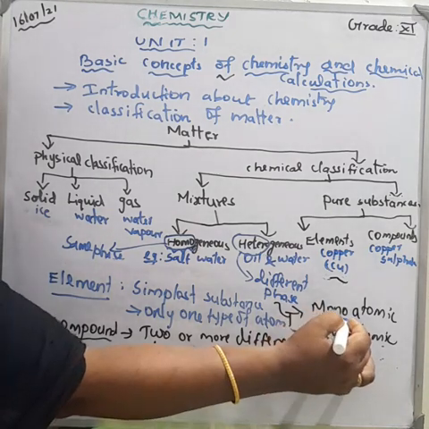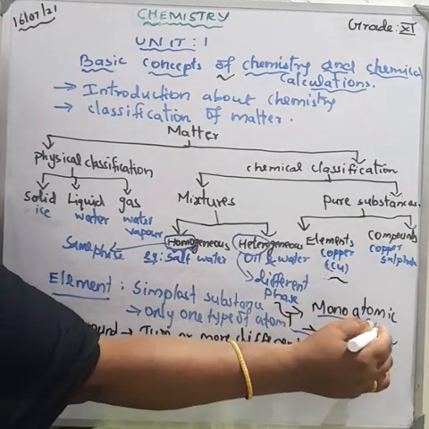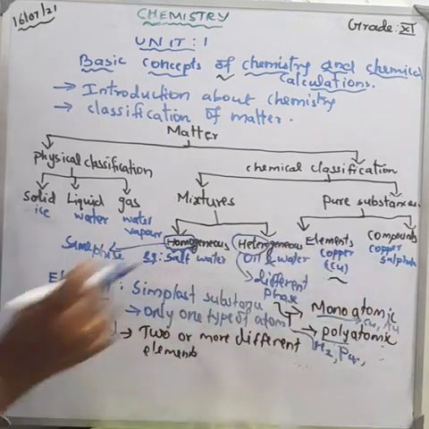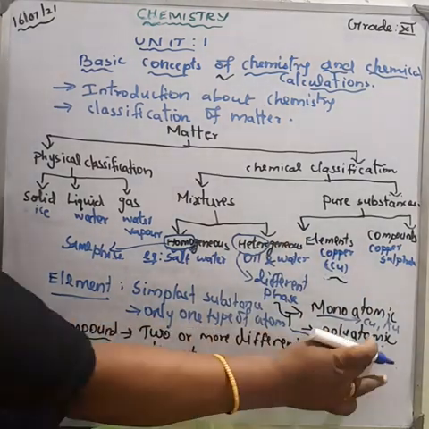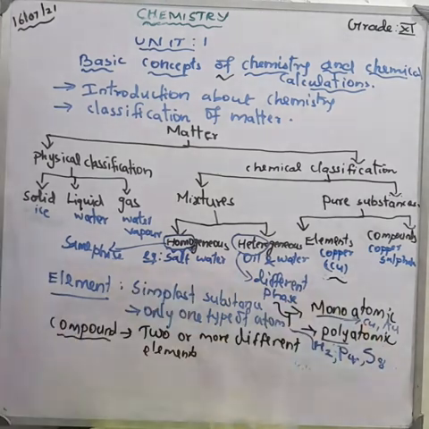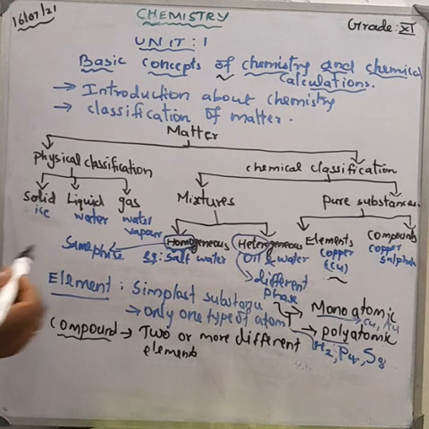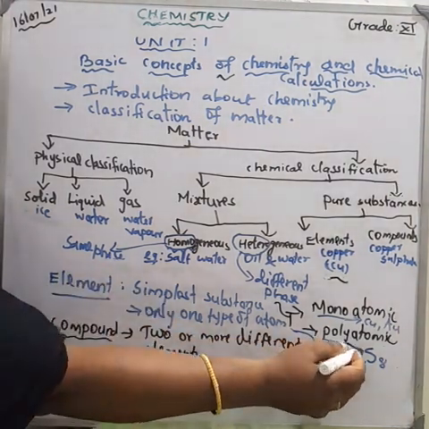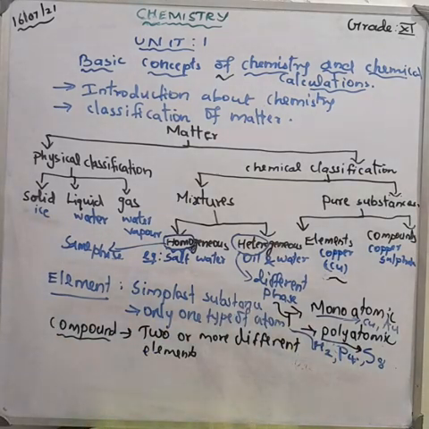So it is a polyatomic unit. And sulfur exists as S8. Is it monoatomic or polyatomic? It is a polyatomic element because the atomicity here is 8.